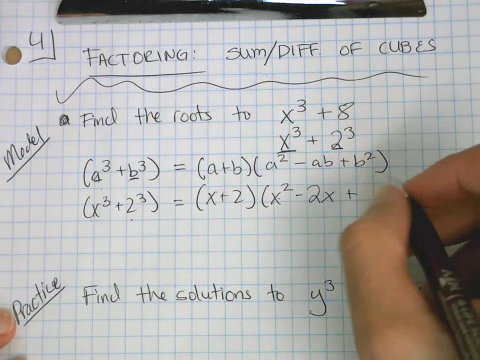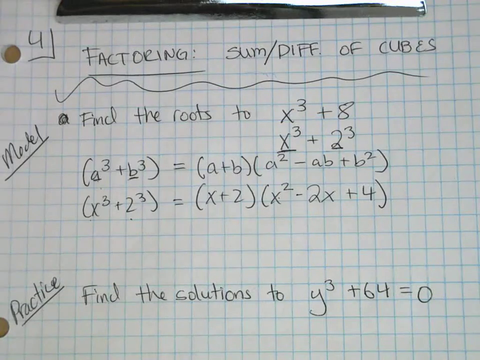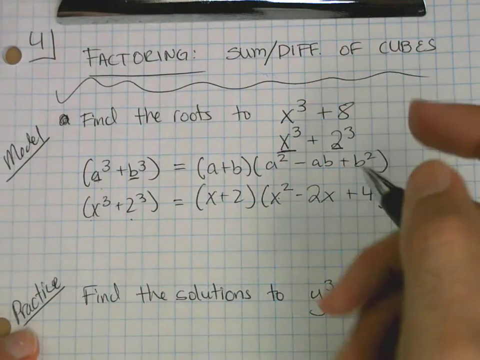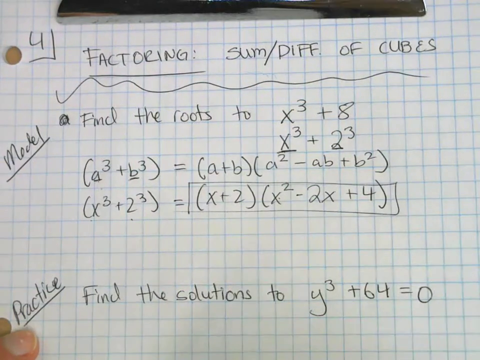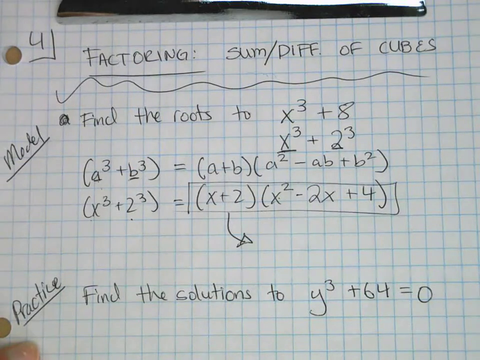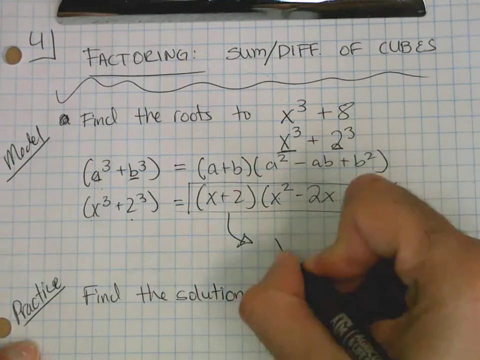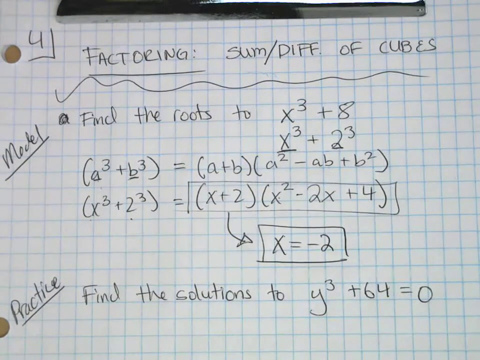Yeah, that's right, it's 4. And that's it. Now, from here, we're done. This is as factored as it can get. So when we're finding the roots, we're just looking at that one piece right there. What's the root of that one piece? That's right. X equals negative 2. We're done.